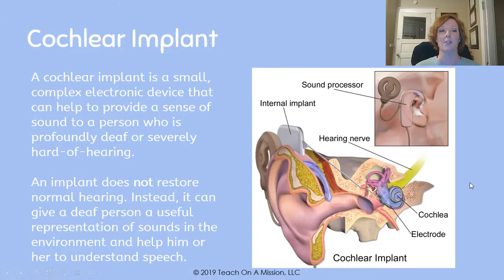It can help provide a sense of sound to a person who's profoundly deaf or severely hard of hearing. It does not restore normal hearing. Rather, it can give a deaf person useful representations of sounds and can help the person learn how to understand speech. So it doesn't make them hear. It's more that it gives the person an ability to understand speech in a different way.